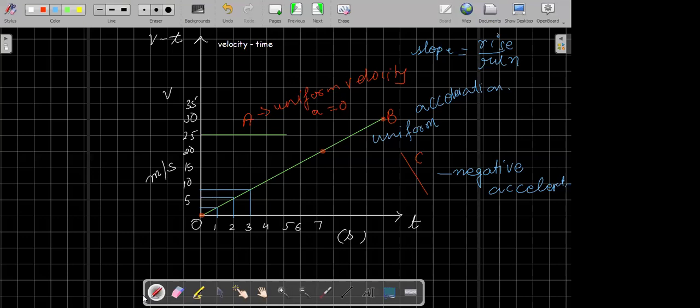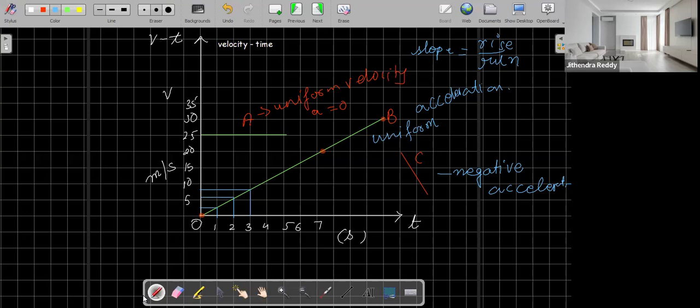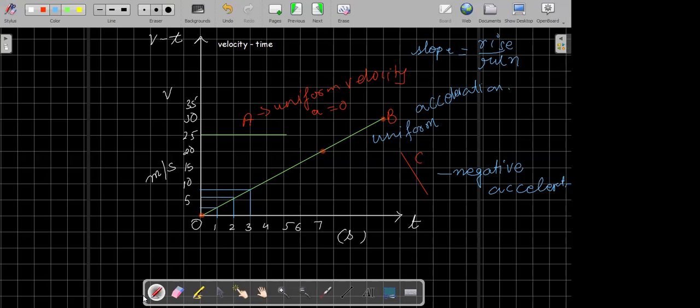Is it possible that in the speed time graph you have a negative slope graph? Yes or no? Okay. Can the speed decrease with time?